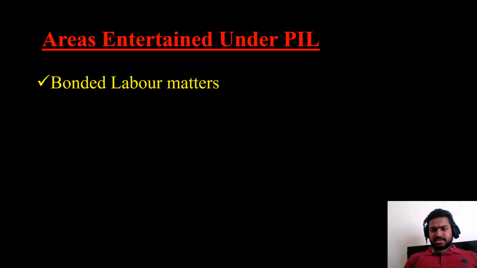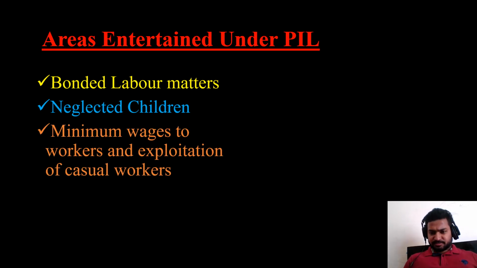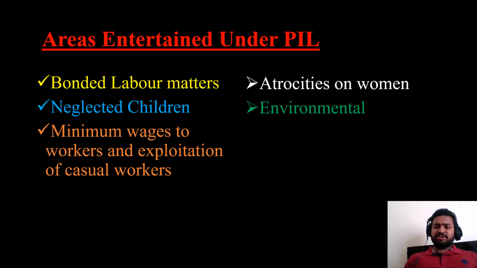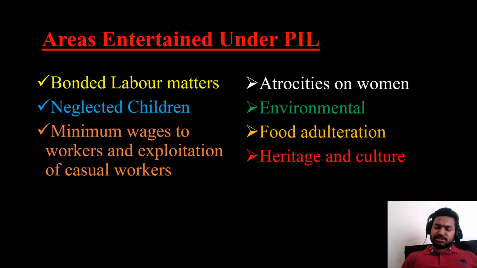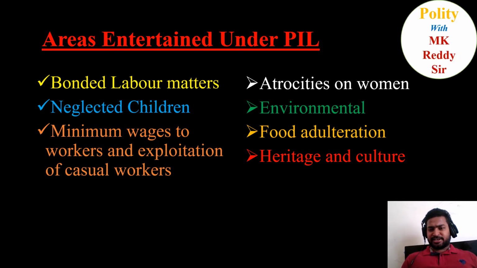The very meaning and scope of PIL is to ensure the rights of individuals and all sections of society. There are certain sections of society which are mostly exploited, like women, laborers, children, and the environment. So, to ensure the well-being of laborers and women, protection of the environment and heritage sites, prevention of food adulteration, one of the trending issues, and a corruption-free society: these are the major areas where PIL is so much entertained in India.